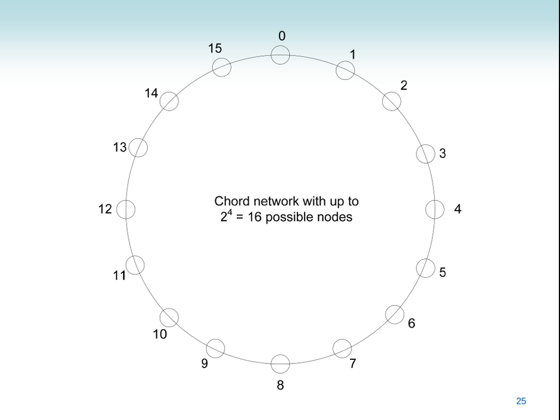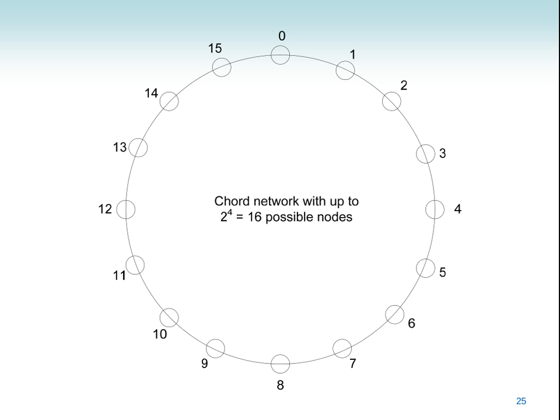what's the worst case time to search in that case? How many queries do I need to send? Let's look at the worst case for our simple scenario. Node 0 is searching for node 15, or key 15.